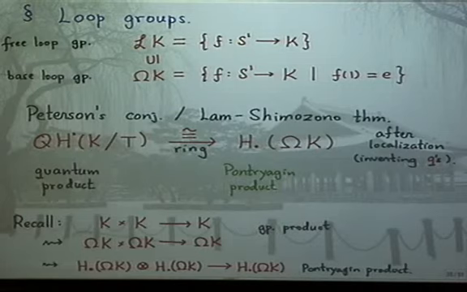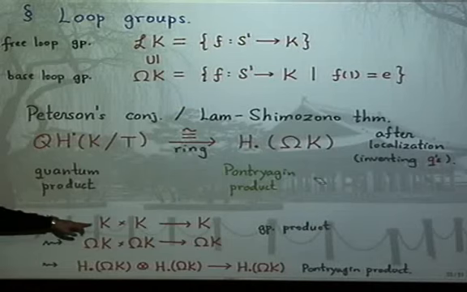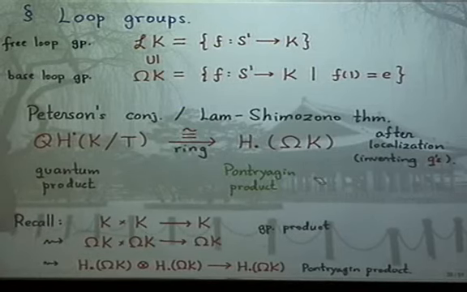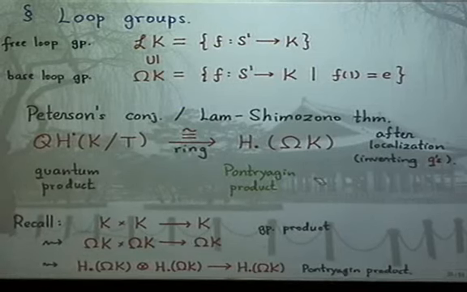The free loop space is LK, and the based loop space is ΩK. Peterson conjectured the following, which was proved by Lam and I think probably by Suzuki: the quantum cohomology is ring isomorphic to the Pontryagin product on the homology of the based loop group, after localization, inverting the Q. The Pontryagin product is just because K itself has a product. We induce a product on the based loop group, so we induce a product on the homology, and that's called the Pontryagin product, coming from the group product.